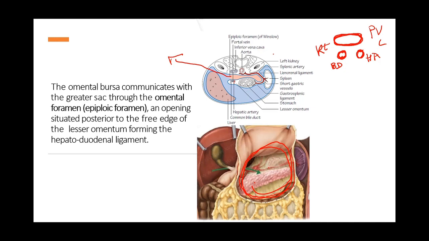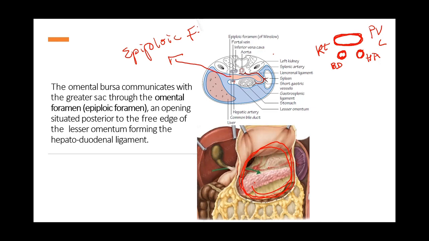Now, the reason why I'm showing you this, you should understand the clinical significance of this foramen of Winslow or epiploic foramen. When a patient sustains blunt abdominal trauma with hepatic injury, laceration, during laparotomy, when you open the abdomen and you notice bleeding from the liver, how do you secure that hemostasis?